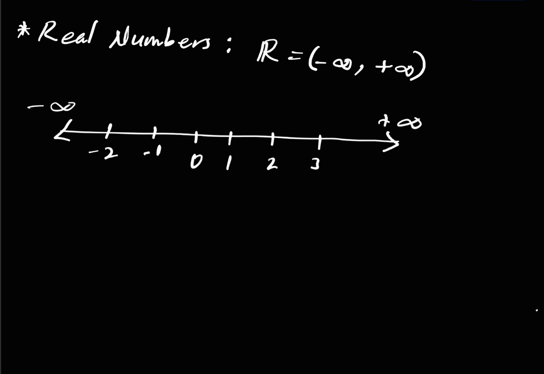But also irrational numbers. Remember, we said the square root of 2 is 1.4, and then it continues 1.4142, etc. So that obviously falls under here between 1 and 2, right? Then we can say the square root of 2 also falls here, which is also within real numbers, between negative infinity to positive infinity.